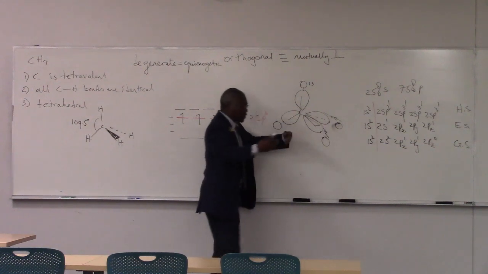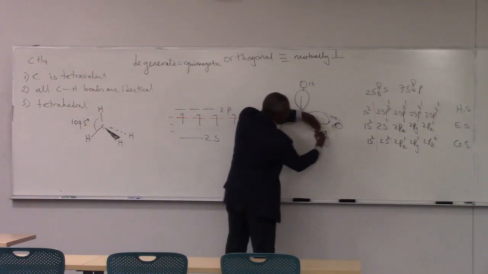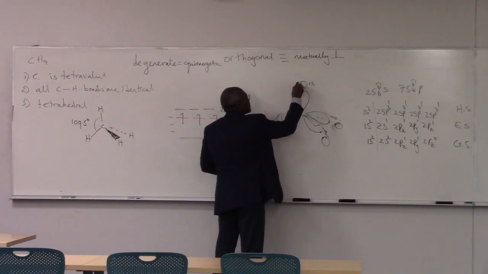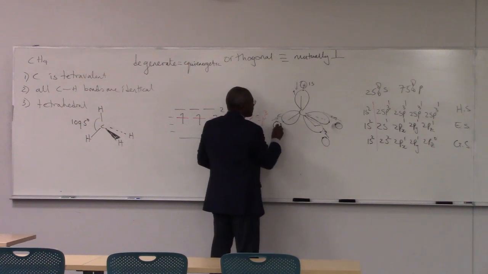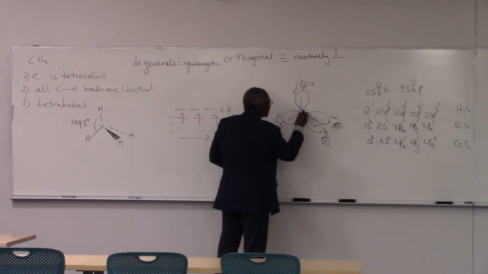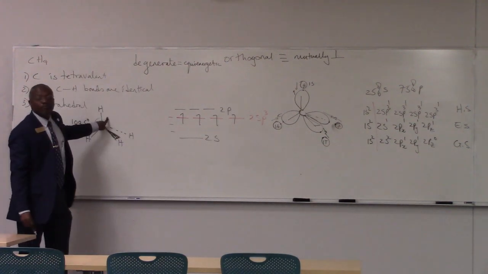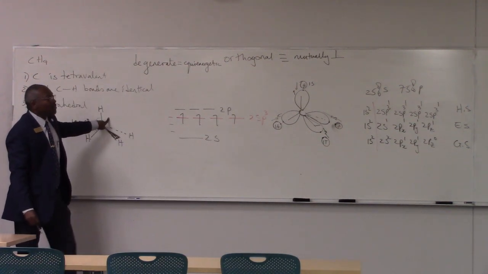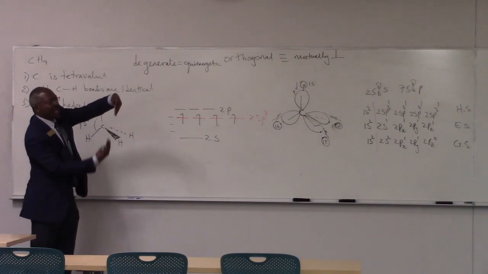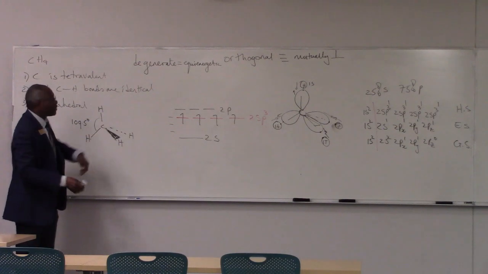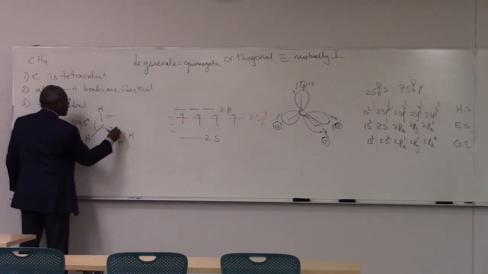So they approach along the same line, this way, that way, this way, that way. And what we end up getting then, this is H, and again this is carbon. So what you get is this thing. Now the bonds are all formed by end-on or collinear overlap. Remember, we call those sigma bonds.